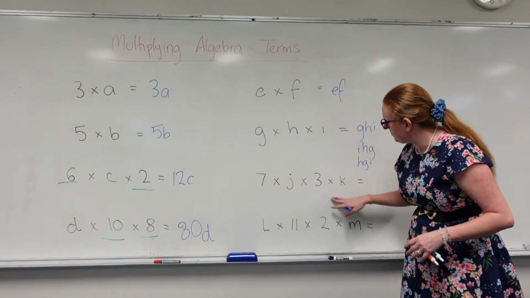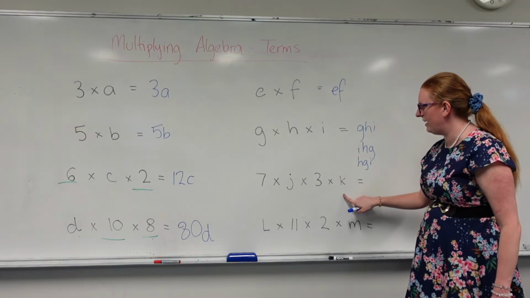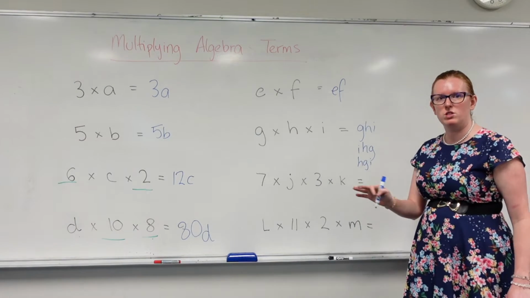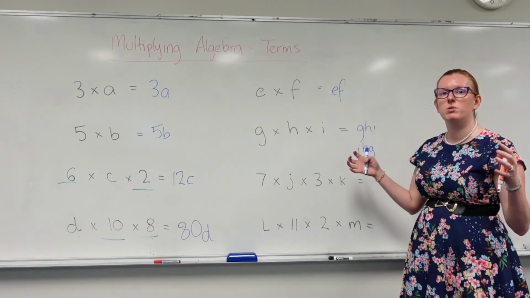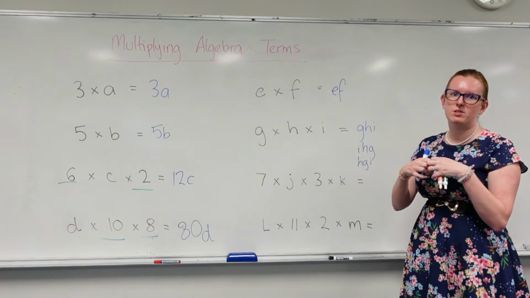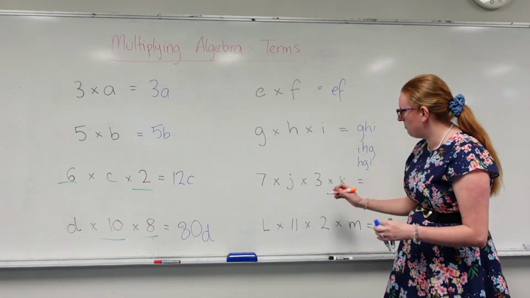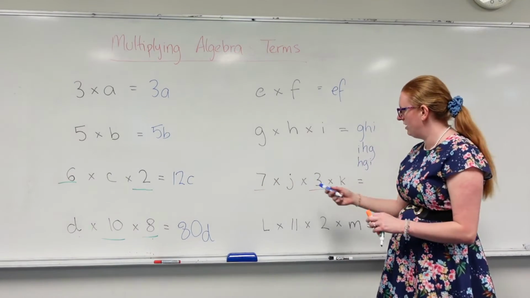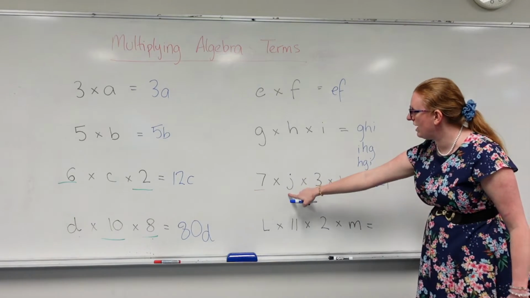Let's have a go at this one. So we've got 7 times j times 3 times k. Now, if these were all additions, I couldn't do it. But when you have multiplication, you can. It's the only time that you can put together things that have different symbols. Multiplying is perfectly fine. So I'm going to start by multiplying my numbers and then just throw the letters on the end. So 7 times 3 gives me 21, and then I've got a j and a k.